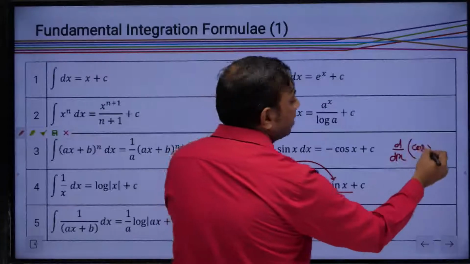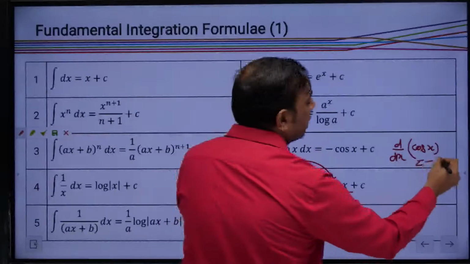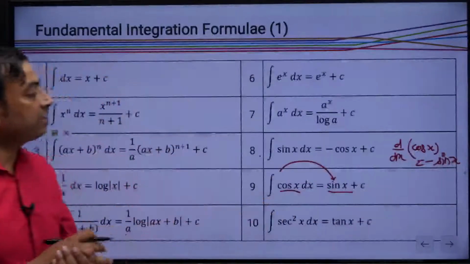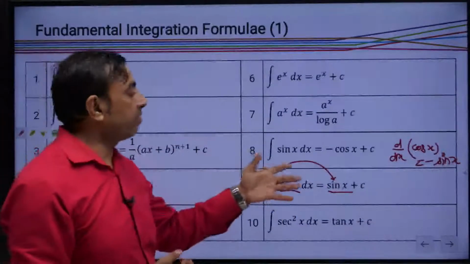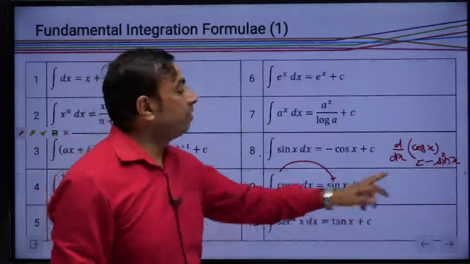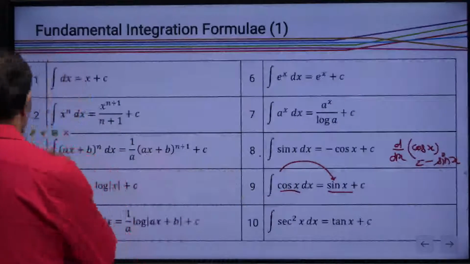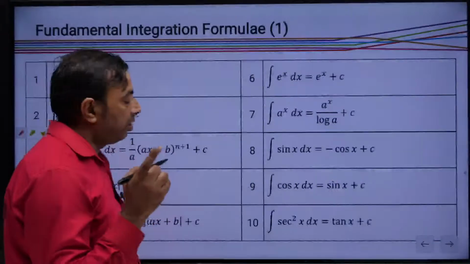Similarly, look at the situation based on the derivative of cos x. The derivative of cos x is minus sin x. So that's why the integration of sin x is minus cos x. That is one point we need to learn in this case.